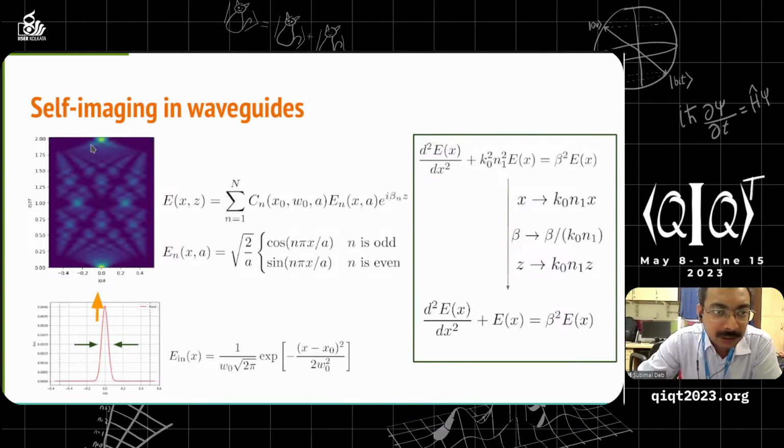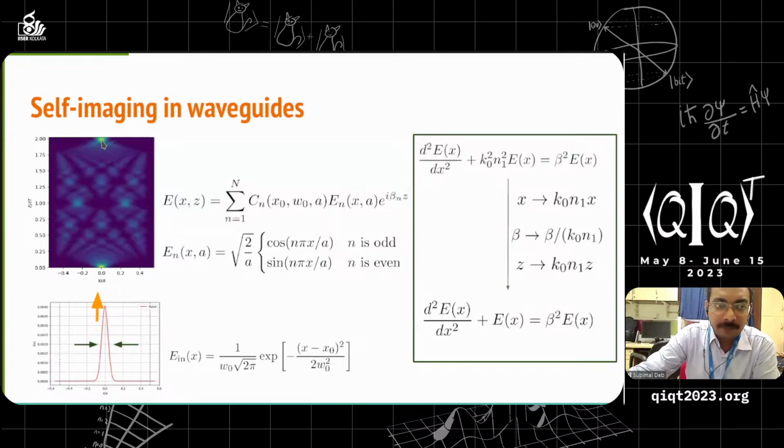So what happens in this case is you're going to get a maxima which is close enough to the input. I say close enough because it would be perfectly self-imaged if you have a paraxial beam. In the case of a non-paraxial beam, if you excite the higher order modes, some of them might leak out, and you may get an output which is slightly less intense than the input. So you find out the intensity along the line of injection, and you will find close to twice ZT a local maxima.